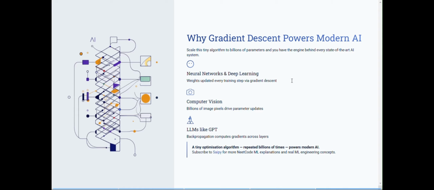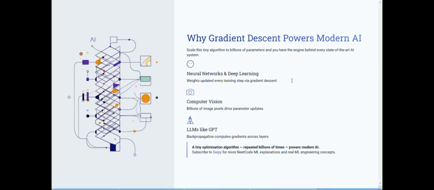In computer vision systems, gradients help modern models learn patterns from image pixels. And in large language models like GPT or Gemini, backpropagation computes gradients across multiple layers so the model can learn continuously and improve. A tiny optimization algorithm repeated billions of times powers modern AI.